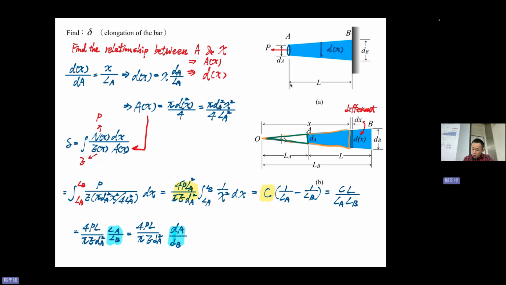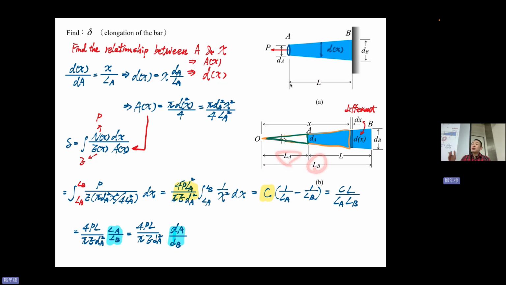Maybe you think why we cannot use this as an answer? No, because LA is what you created. You created LA. The LA is not in the problem. So the problem won't know what kind of value LA is. You just created that. So you need to transfer your LA, LB into dA, dB because dA, dB is provided by the problem.